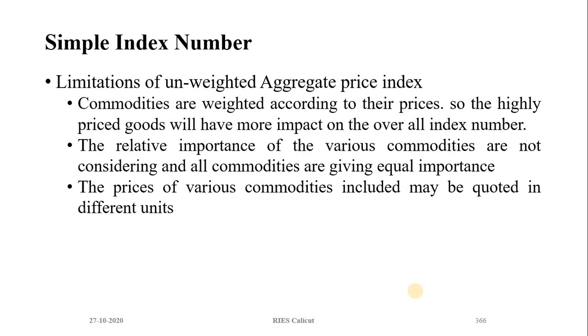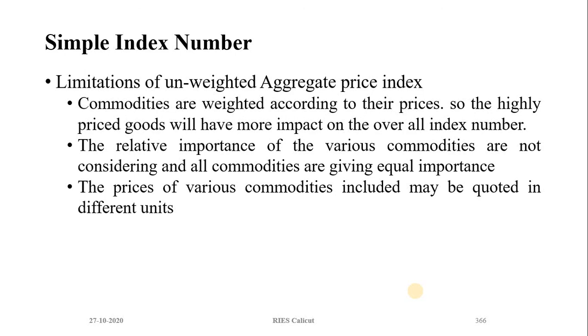So in a consumer basket, the importance of rice is much higher than that of ornaments. But if you are not considering the weights, how many units you are purchasing, then the prices of highly priced products will get more weight.